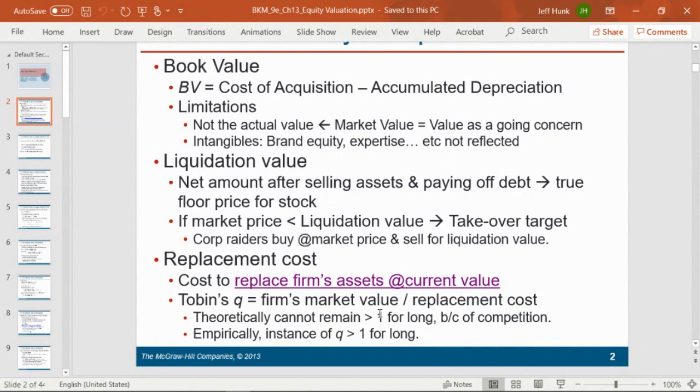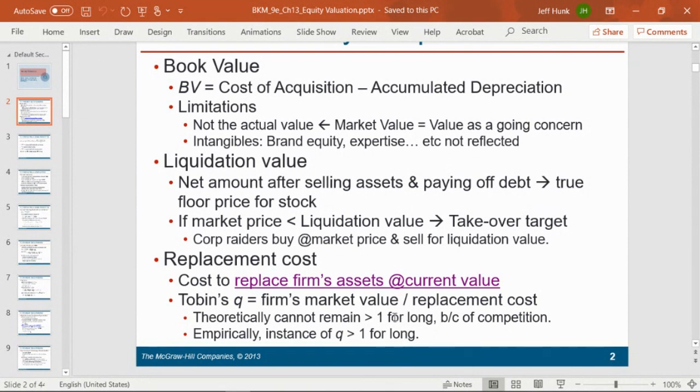And replacement cost can be greater than the book value or less than the book value, right? It depends on where the current replacement cost is. The current replacement cost could be greater or equal to or less than the book value of the firm's total assets, right?